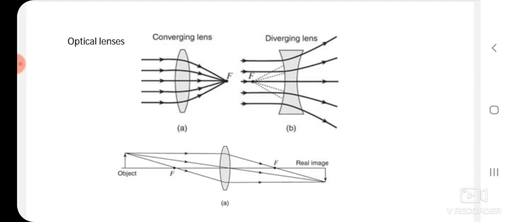The definitions of optical axis, focal point and focal length given for curved mirrors hold true for lenses also, with the addition that lenses have a focal point on each side of the lens.